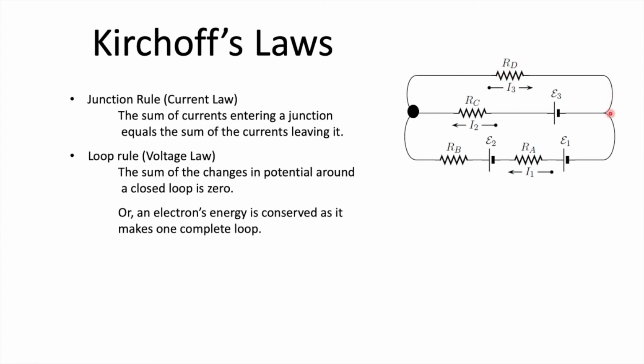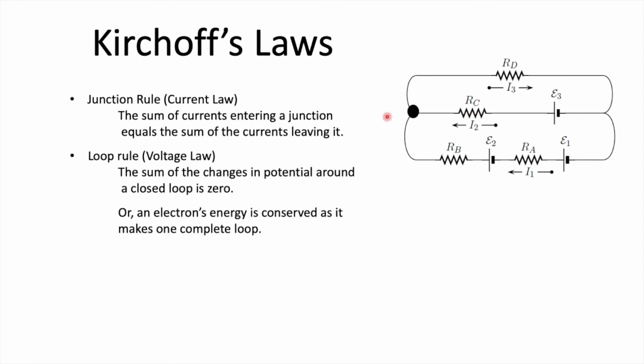And as you go here, taking just for example the upper loop, we reach the EMF. In this EMF source, the smaller line is always negative and the taller one is positive. So for the positive test charge, as it goes from low potential to high potential, negative to positive, that charge gains energy, hence the potential change here is positive, and here it's negative, it drops and reaches that point.